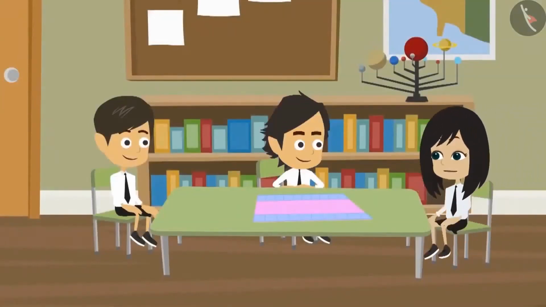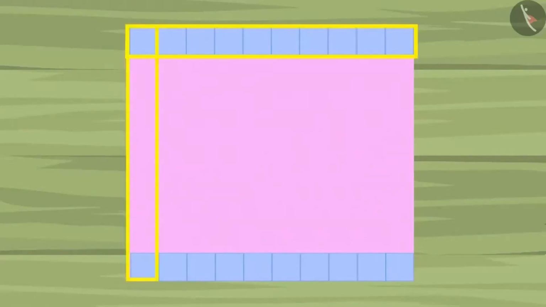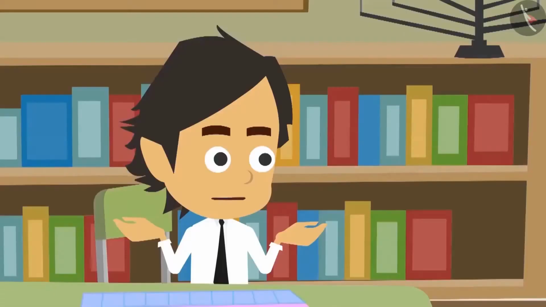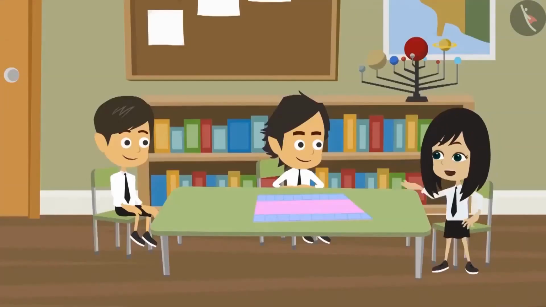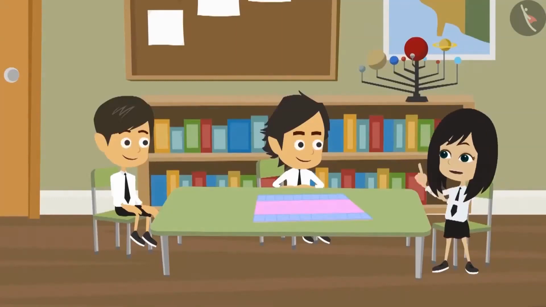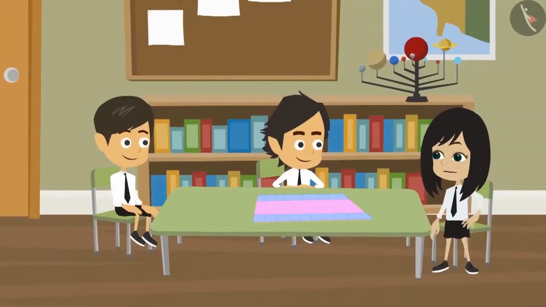Hey Ayushman, placing the pieces like this won't give you the exact measurement. They have to be placed on the top and side edges. What difference does that make? See, when you have to measure a shape with fewer pieces, then we multiply the number of pieces placed on two sides.